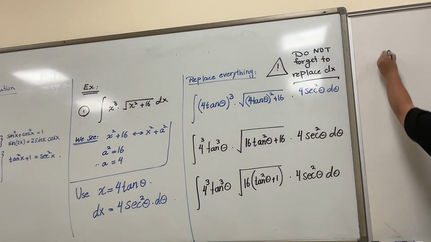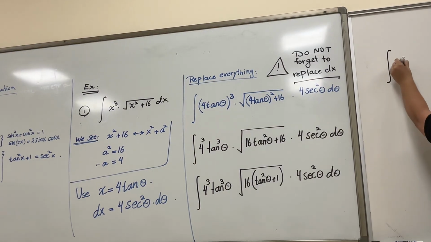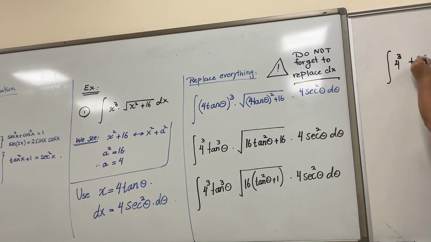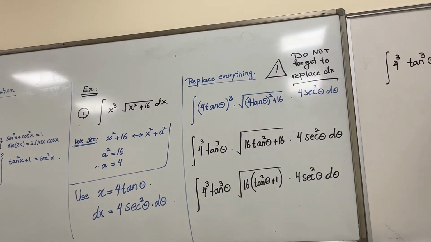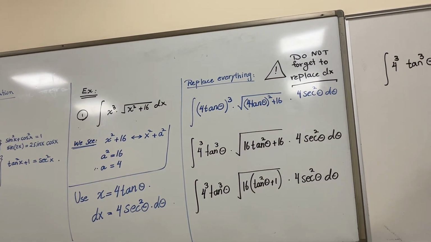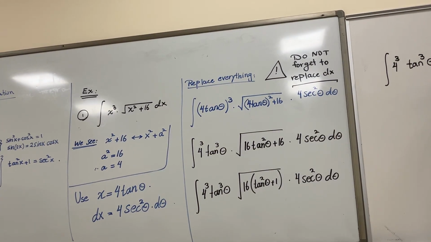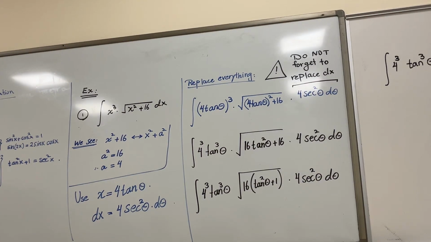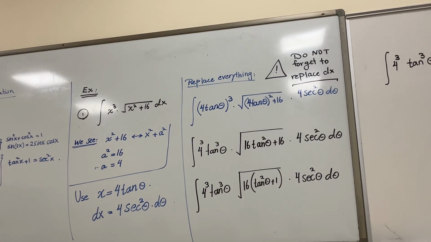So integration, 16 secant squared theta. What is the root of this? Now it's nice, now I can apply the square root: 4 secant theta.